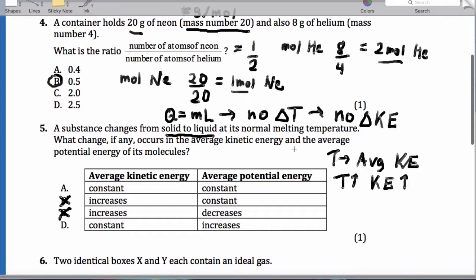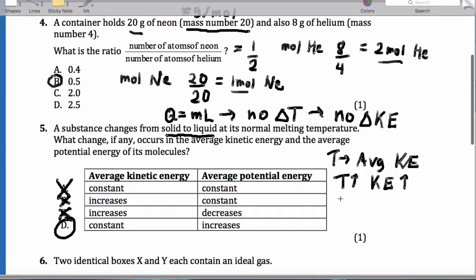So what does change when something changes from solid to liquid? Well, there are attractive forces among the particles, a kind of intermolecular potential energy among the particles. And when heat is added and it melts, that average potential energy increases as the particles move further from one another. So something is changing, and it's the average potential energy.